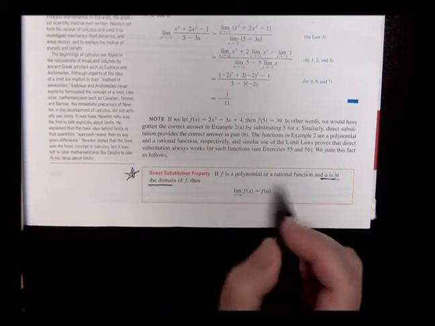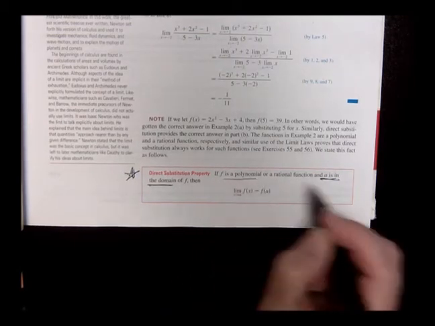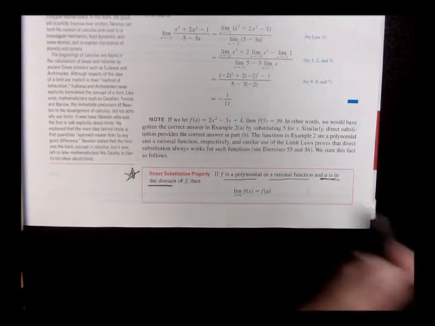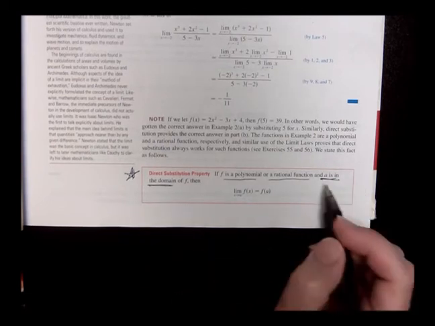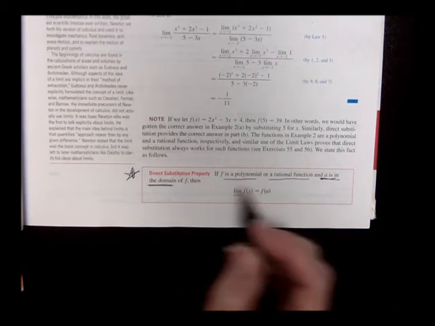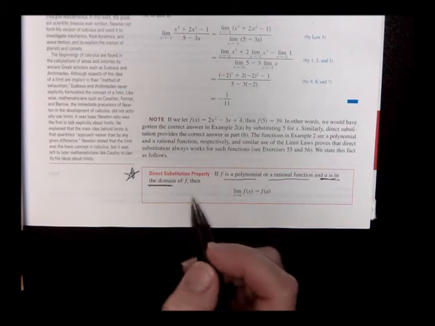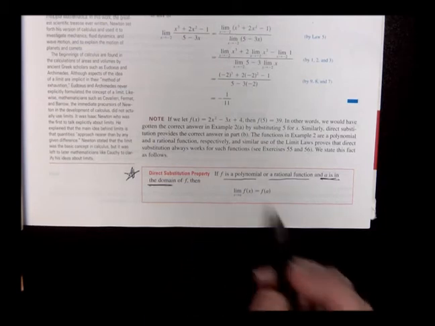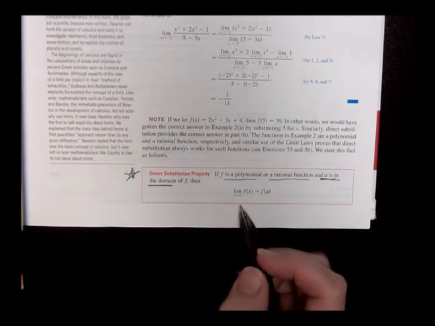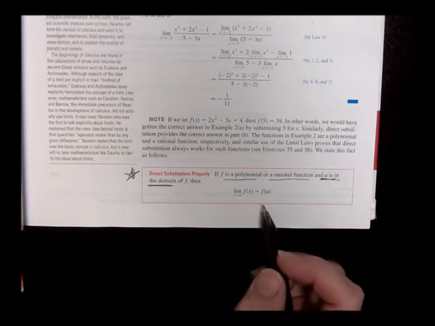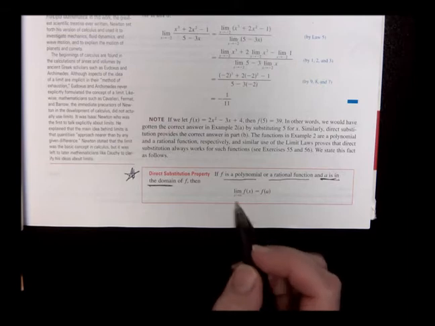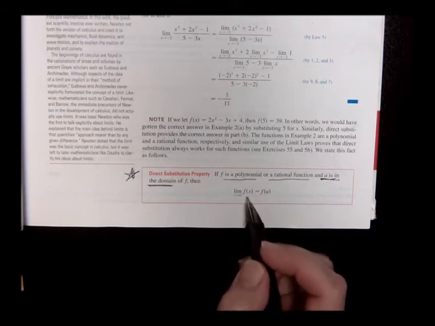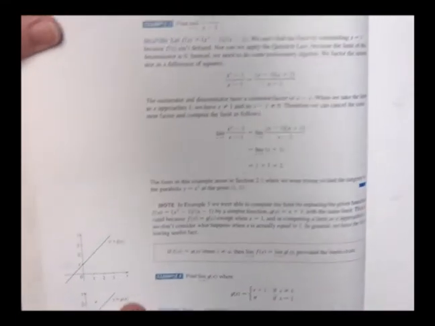If f is a polynomial or a rational function and a is in the domain, okay, so very key, a has to be in the domain of f, then the limit as x approaches a of f is equal to f of a. What does that mean? That means I can just take whatever this is, plug it in for x, and get my limit. So we're going to take a look at this today.